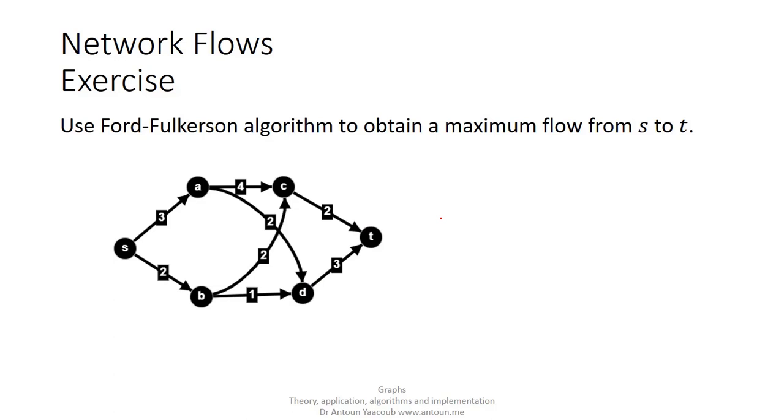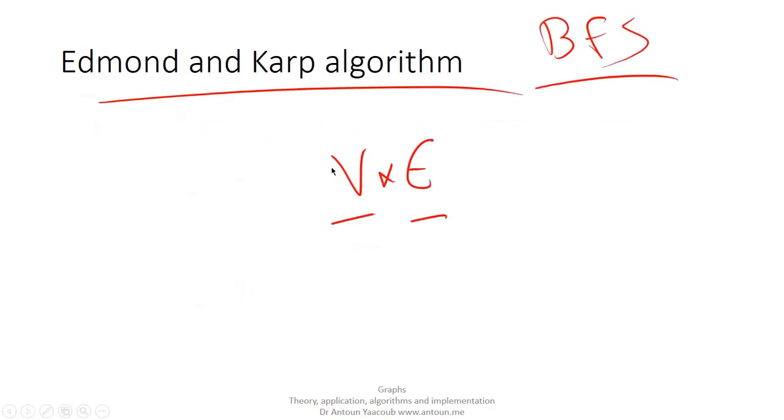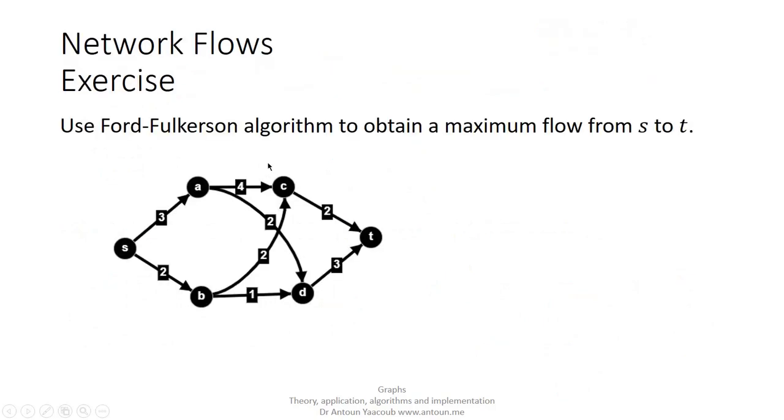We need to use the Ford-Fulkerson algorithm to obtain the maximum flow from S to T. You can apply either Ford-Fulkerson or Edmonds-Karp. In terms of solving, we will not be distinguishing between DFS or BFS, but in terms of implementation, obviously we'll be implementing Ford-Fulkerson.